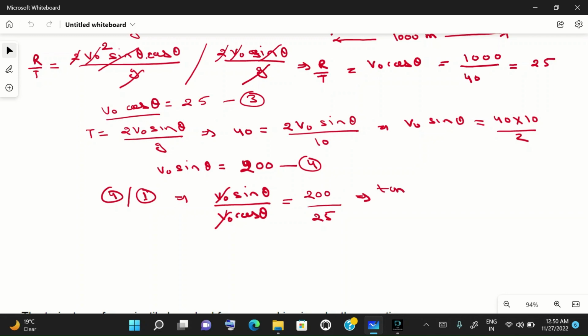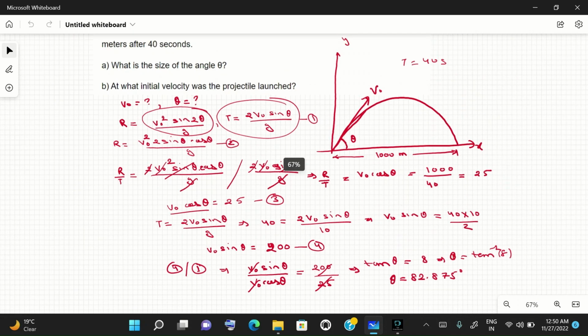Tan theta is equal to 200 divided by 25, which is equal to 8. So theta is tan inverse 8. If you calculate it in a calculator, then you will find the value of theta. So I am calculating it. Theta is equal to 82.875 degrees.